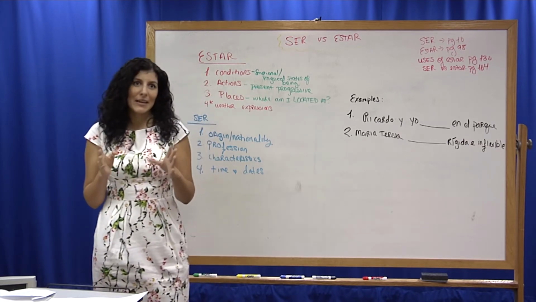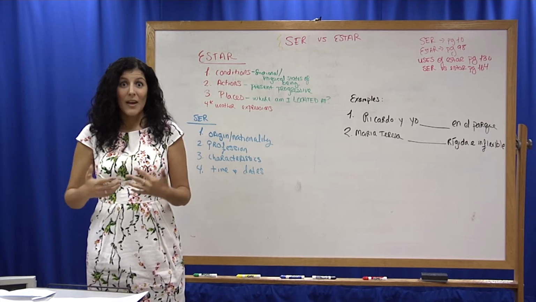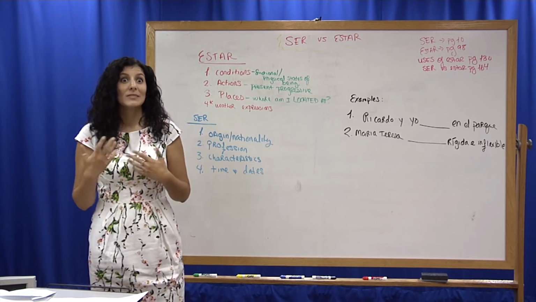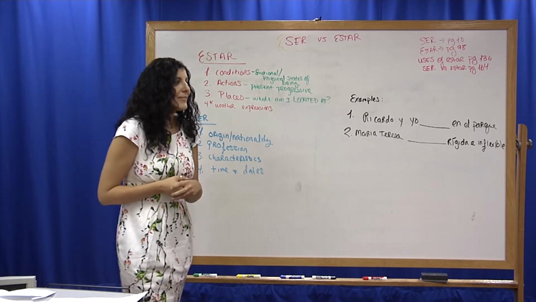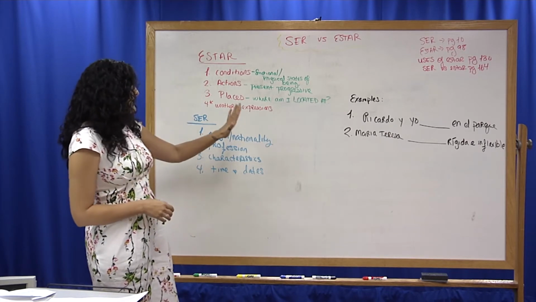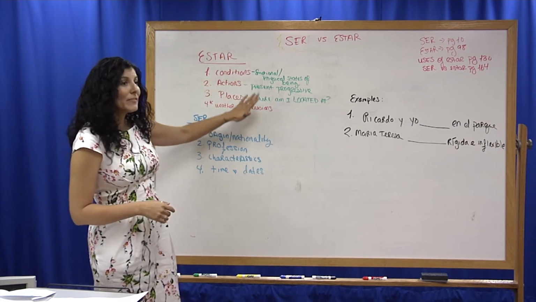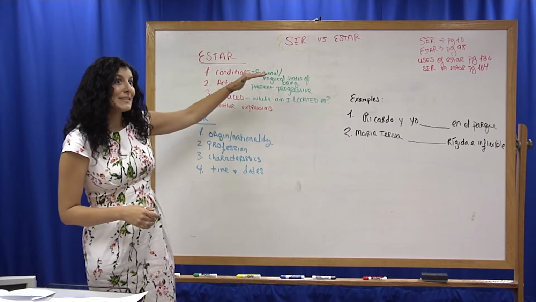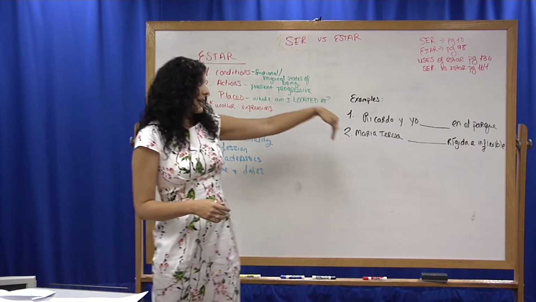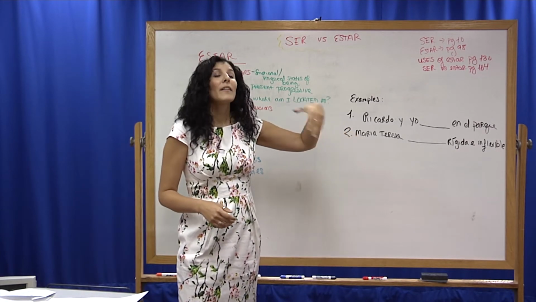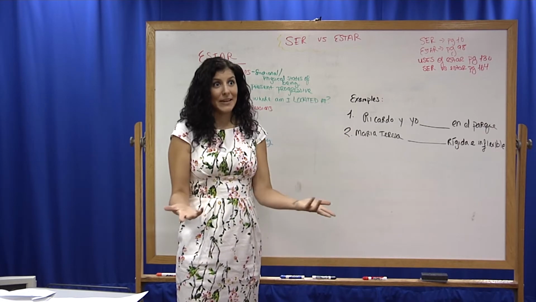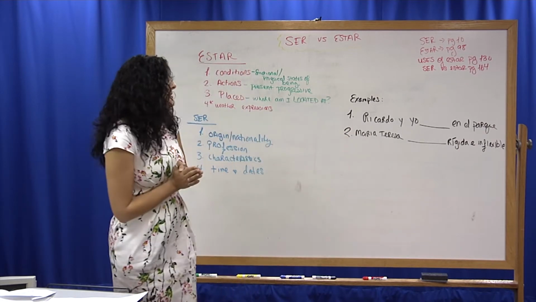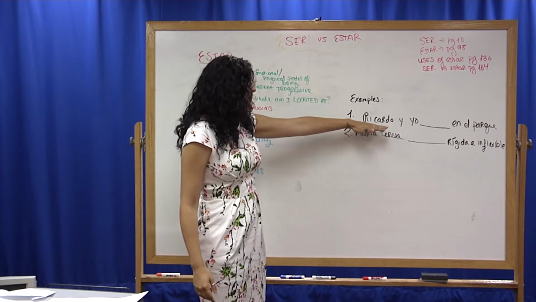So let's look at an example and how we would go about figuring out whether we are going to use ser or estar. Remember I said that it is easier to begin by figuring out whether I would use estar and then progress into whether or not I would need ser. Okay, so how would I do that? So let's take our first example.